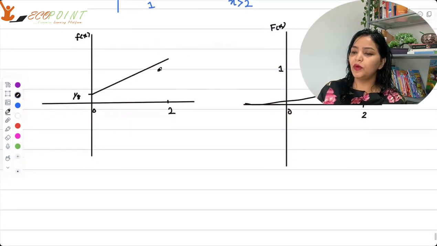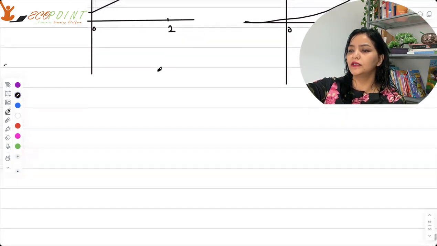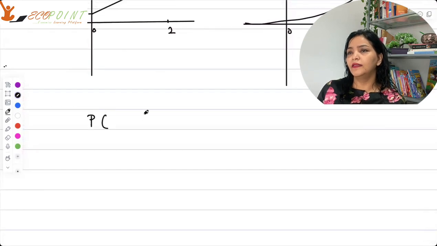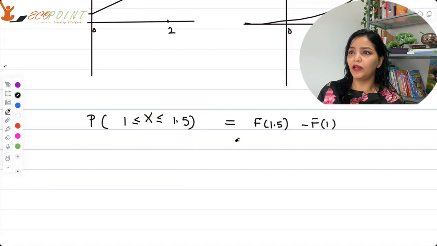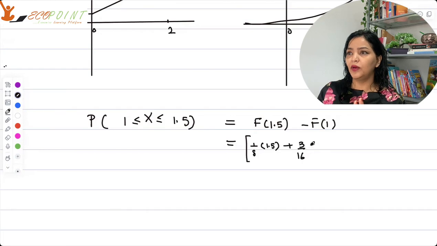Well, any which way, we wanted to find the probability that x is between 1 and 1.5. So that's going to be simply capital F of 1.5 minus capital F of 1. We already have the function, so you just have to put in the function there. 1 by 8 times 1.5 plus 3 by 16 times 1.5 square, minus 1 by 8 plus 3 by 16.